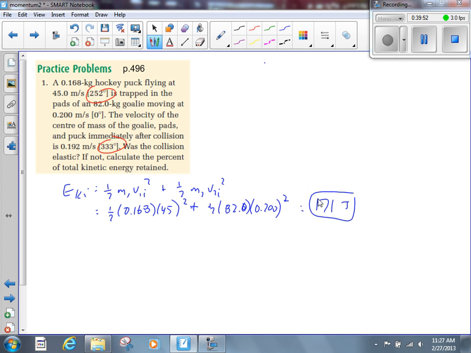That's my EKI. EKF is 1/2 of mv squared. Just one term here because there's only one object. The total mass is going to be 82.168 times the final speed, 0.192. I don't care that it's 333 degrees. It's irrelevant. What do we end up getting for the final kinetic energy?